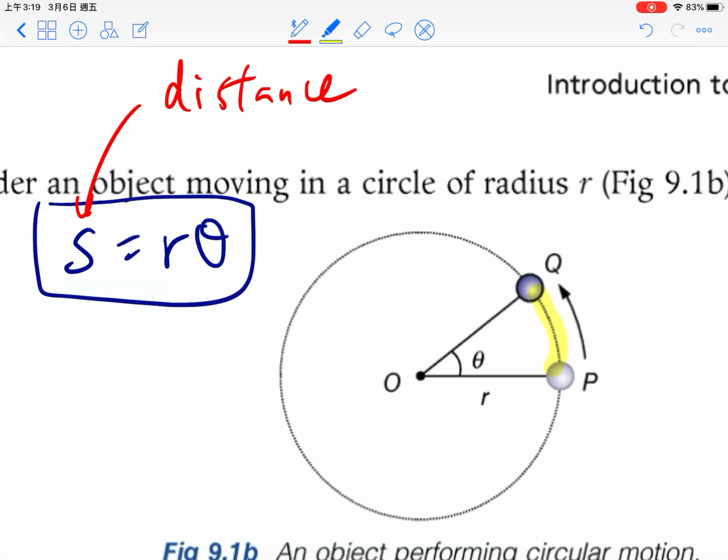Suppose P to Q here, this circular arc, the length of the circular arc is the distance the object traveled, s.